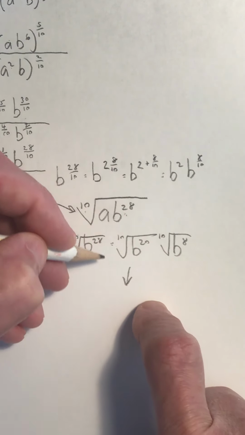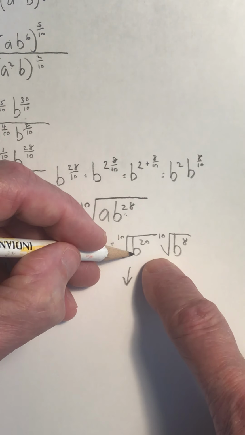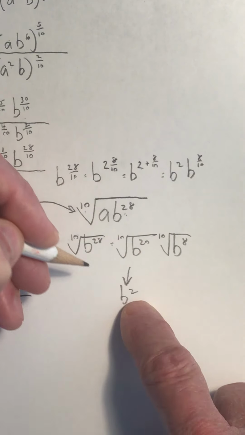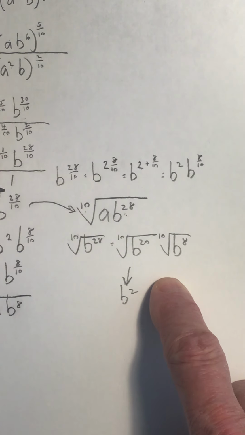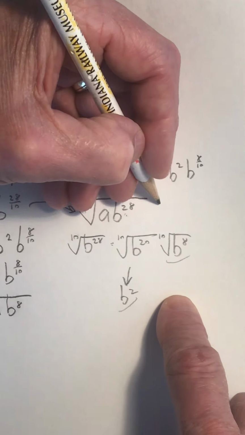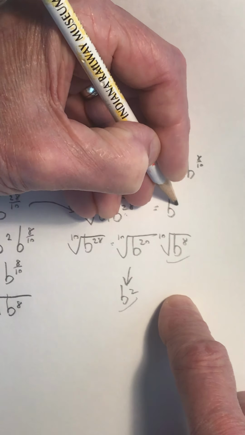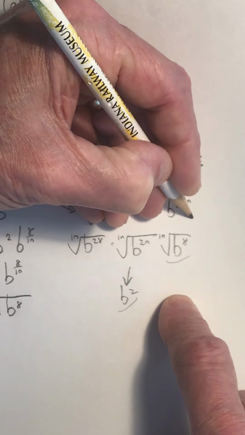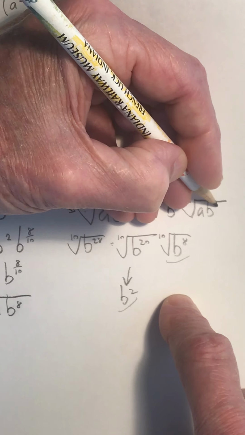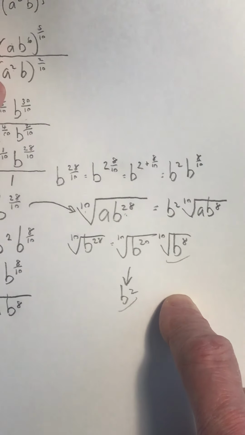What becomes of this? This is going to be b to the 20 divided by 10 is b squared. So see, there's your b squared again. So now this goes outside. This stays under the radical. And you get that same final result, b squared, 10th root of a, b to the 8th power.